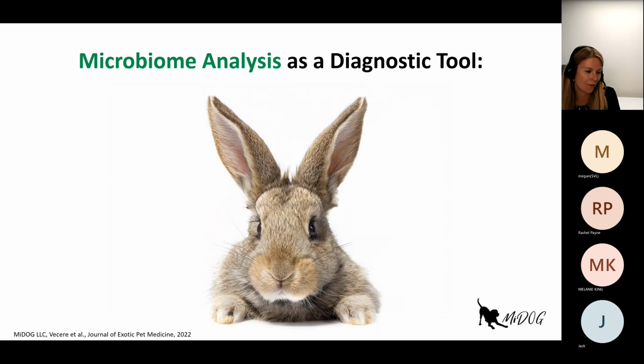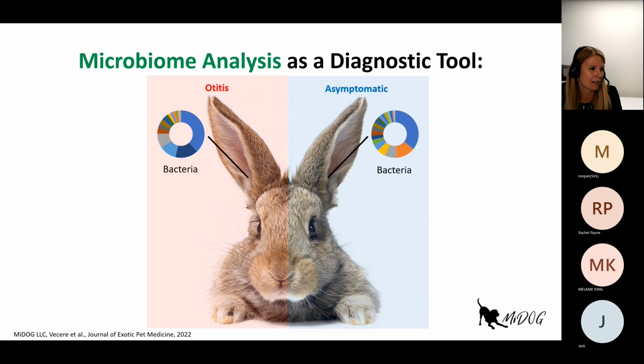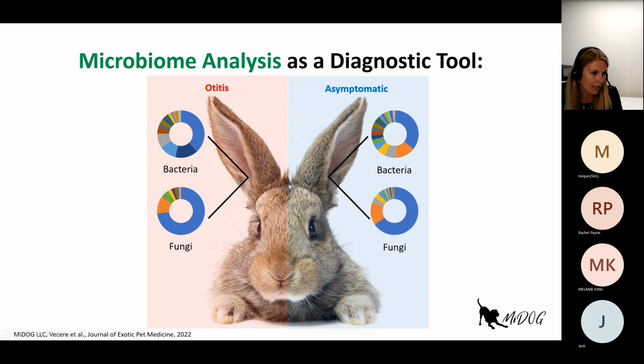We did a similar study for bunnies. Like I mentioned, dogs are leading the way, but the exotics are quickly catching up. And we did the same study with otitis, and we saw that the bacterial profile is still quite diverse, more diverse than the fungal profile, but not as diverse as compared to a dog sample.